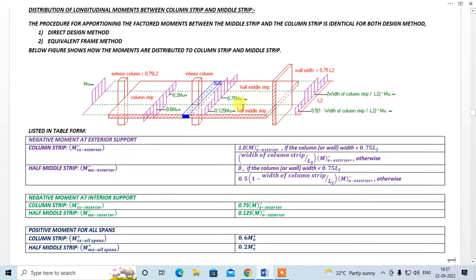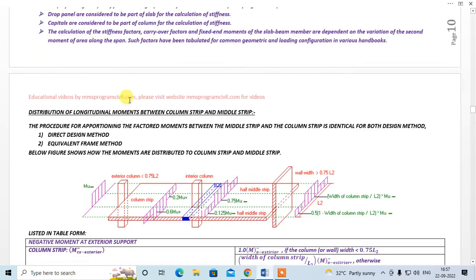So let us start with the negative moment at the exterior support. This is your exterior support. We have two different cases. One, when the column width is less than 0.75 L2, where L2 is the width of the slab beam member. This is your L2. Then in that case, whatever design moment we get over here, this is our A, for the exterior panel.